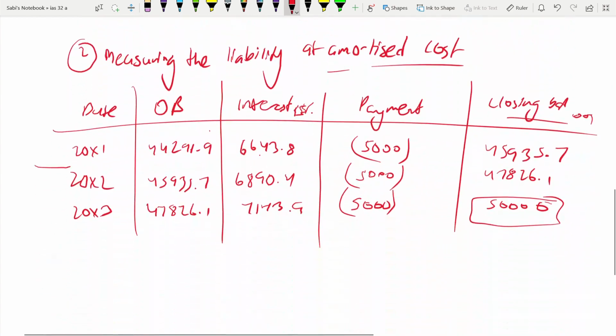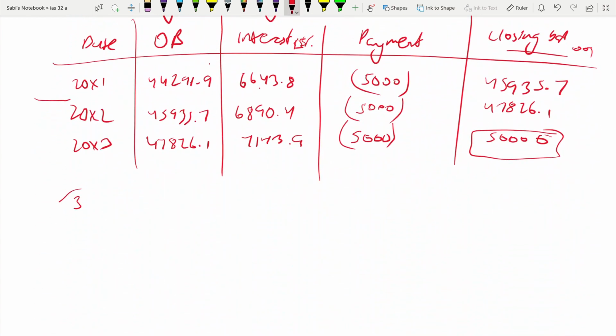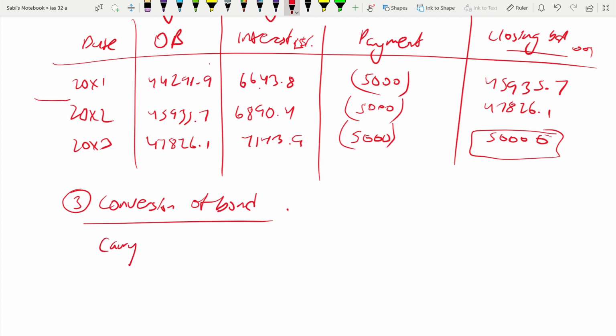After that, the third and the final step will be conversion of the bond. You need to convert that bond. We cannot just deal with it as a bond. After converting, what happens? So here, you see, carrying amount on 1st of Jan 2004 will be equity and liability.